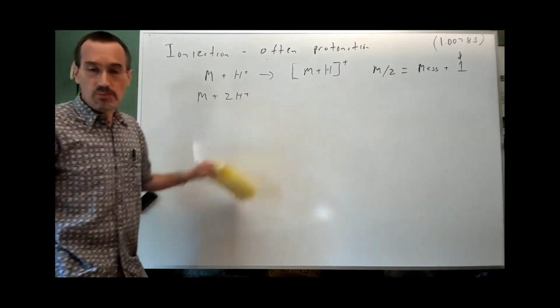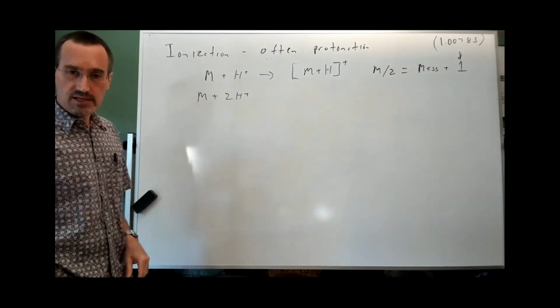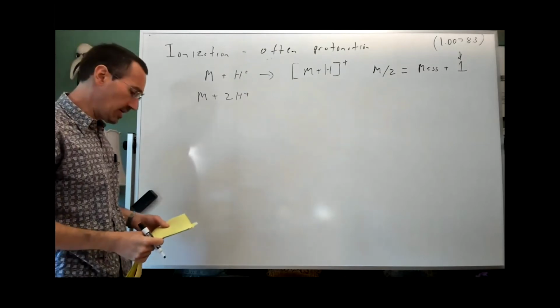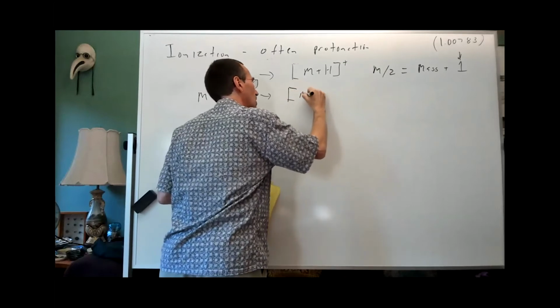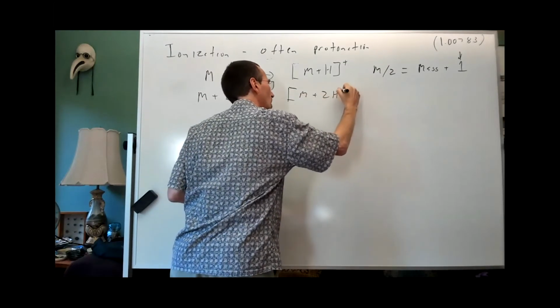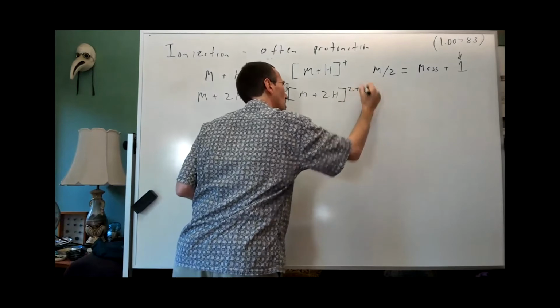You can also, particularly in the case of larger molecules like peptides or proteins, pick up more than one proton. And so you can get M plus 2H, 2 plus.